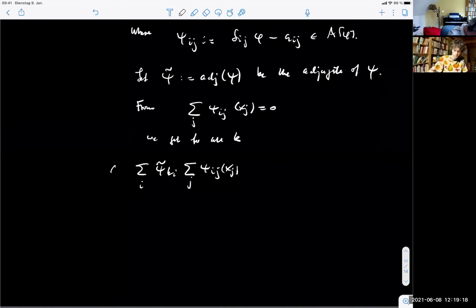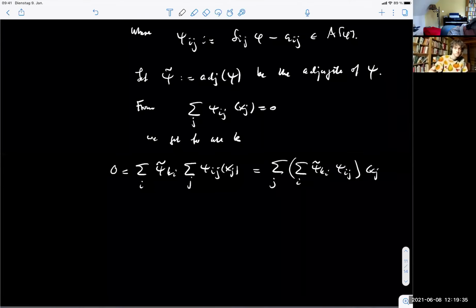Of course, I will get 0 because all these sums are 0. But here I can reorder: first sum over j and then over i. Then I get this. Pull this out, evaluate at xj.